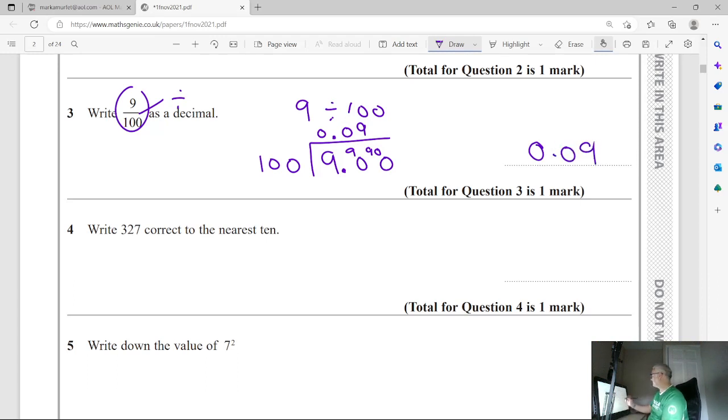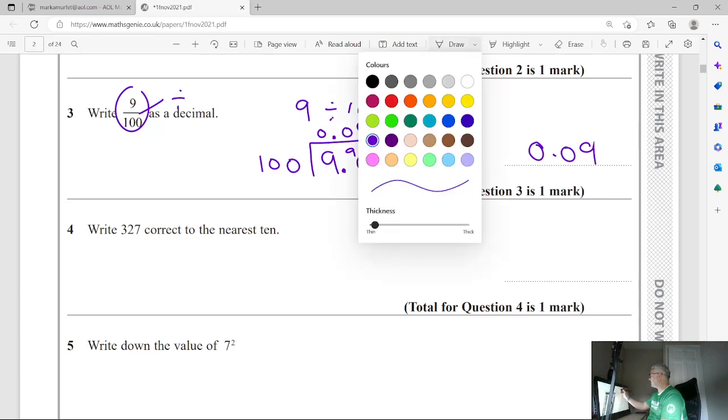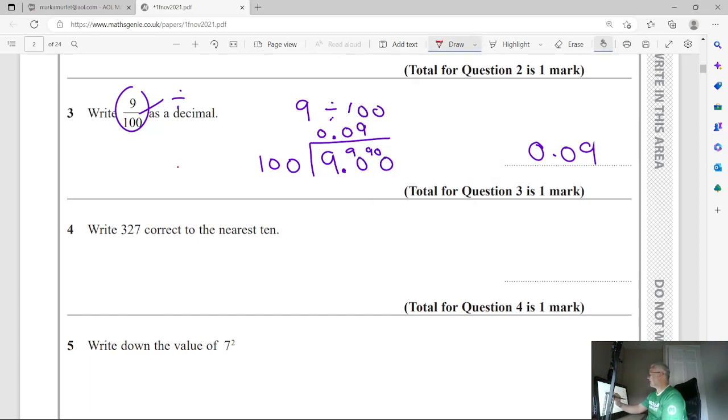What you could do in relation to this is think about it as 9, if I divide by 100, I'm dividing, so my decimal point will go this way. If I divide, I'm going to make the number smaller. If I times, I'm going to make the number bigger.